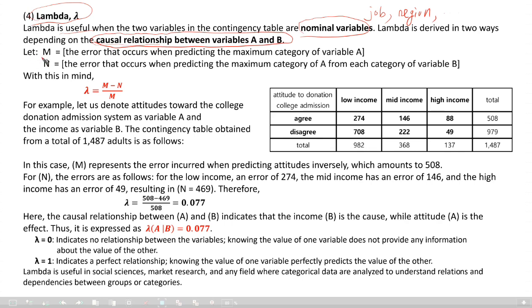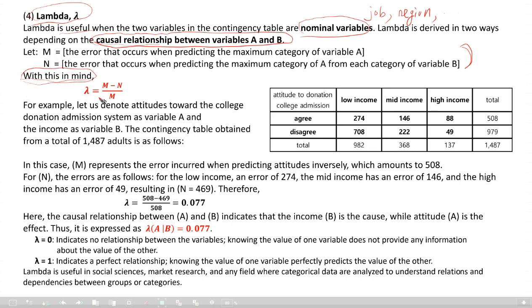Let M be the error that occurs when predicting the maximum category of A. Let N be the error that occurs when predicting the maximum category of A from each category of variable B. It is pretty hard to understand what M and N are, so let's talk about them with an example.